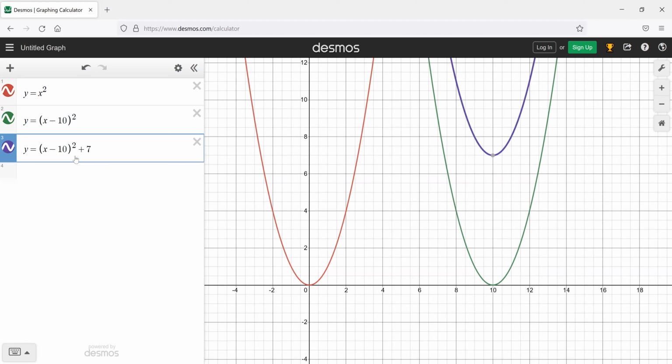Do you see how it's plus 7 now? How did the purple change from the green? Do you see how the purple is in a different spot than the green? Do you see how we went red to green to purple?